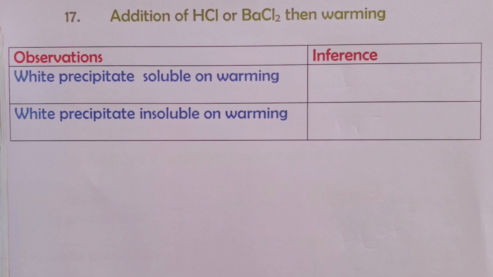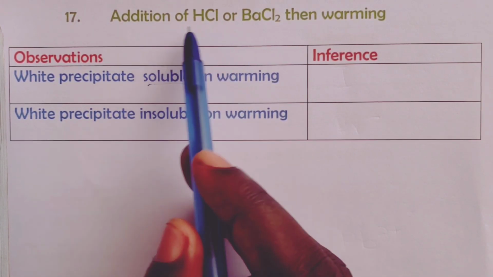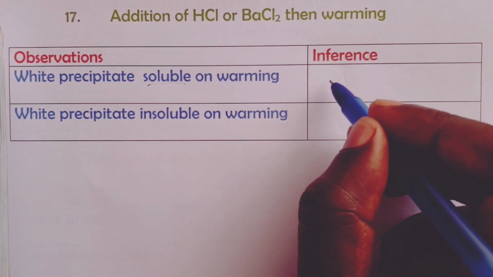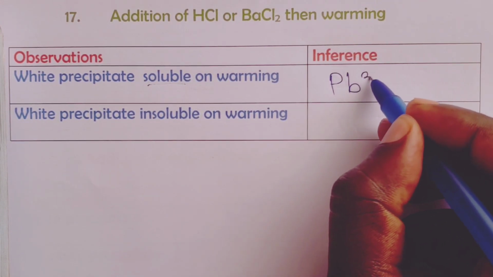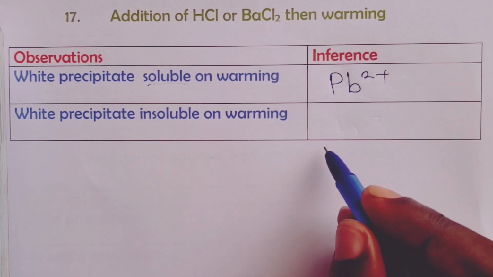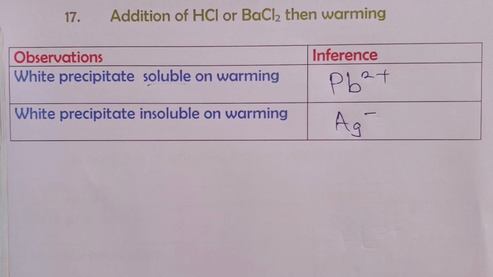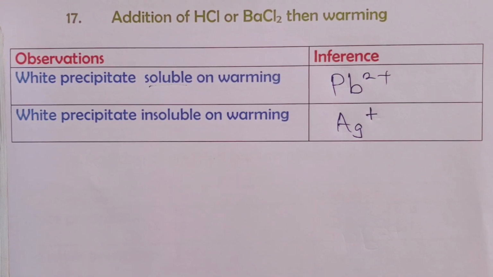So if we see white precipitate that is soluble on warming after adding any of these two, lead would be concluded to be present. If we see white precipitate that is insoluble on warming after introducing chloride ions, that would be a sign that silver ions are present in your solution.